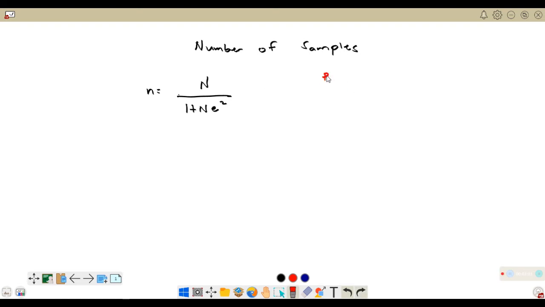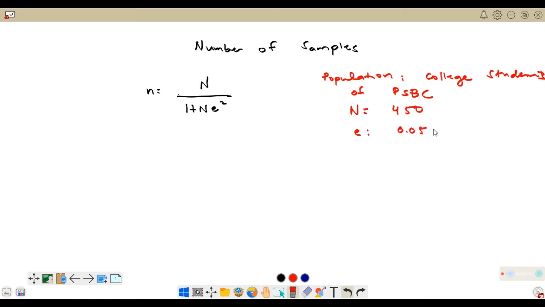So our population ay college students of PSBC. Say for example, we have N is equal to 450. We have 450 students. And we want our margin of error to be 5%. So what is the number of samples? Ilan yung respondents na kailangan mo for your study?